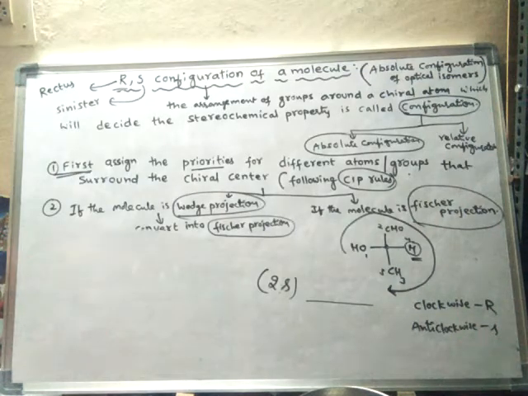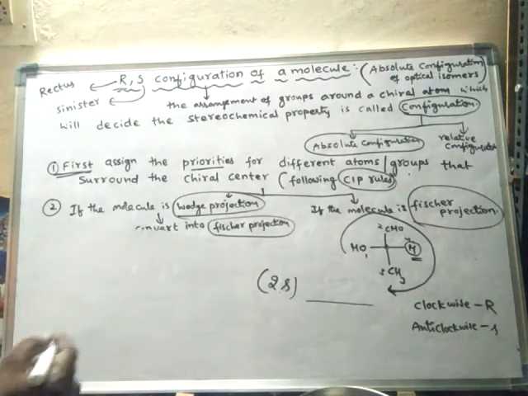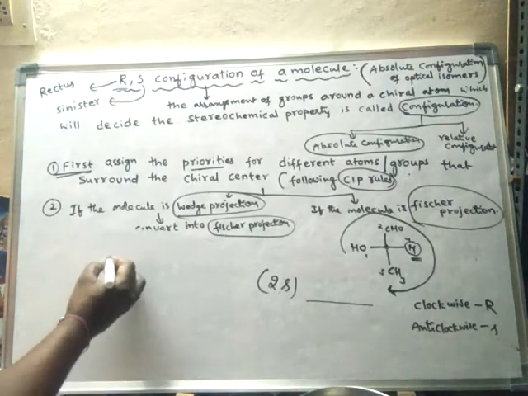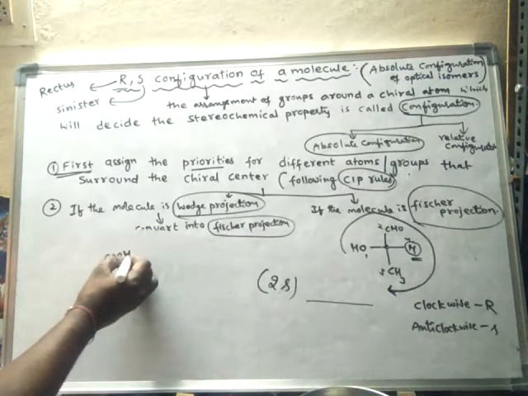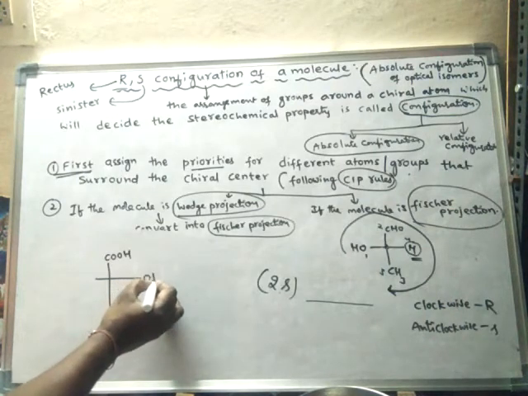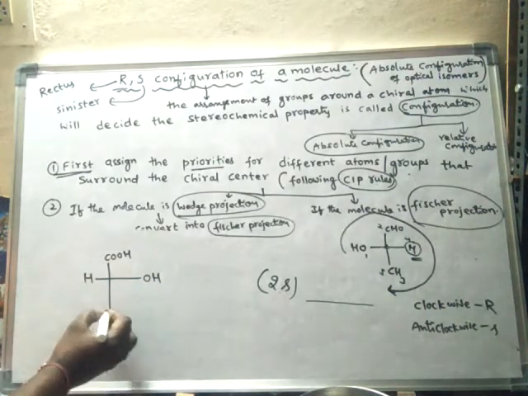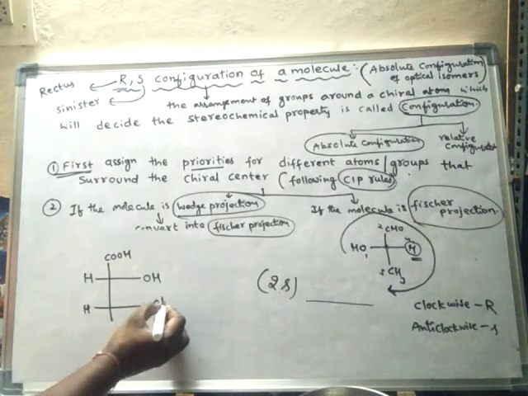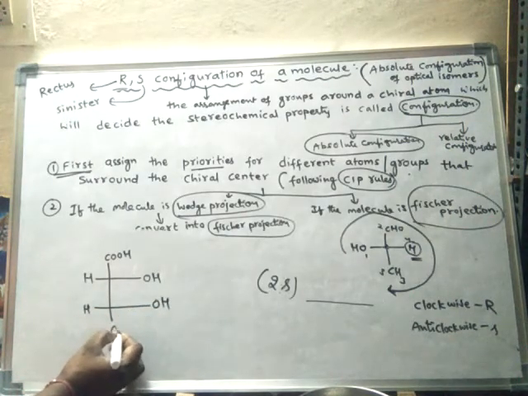Suppose there are two chiral centers in a molecule, then how to write the RS nomenclature, or how to write the RS configuration?